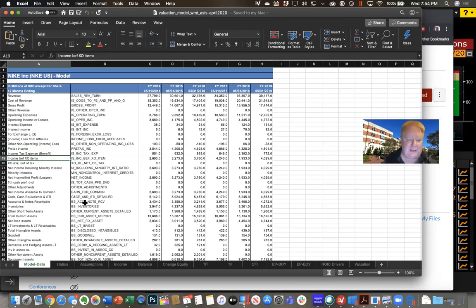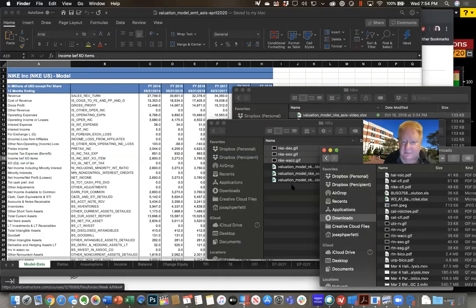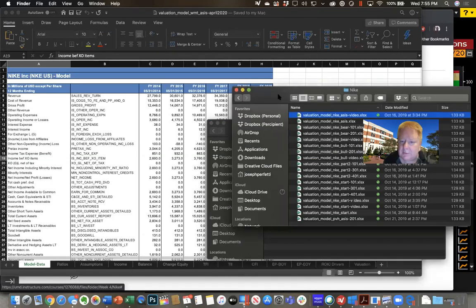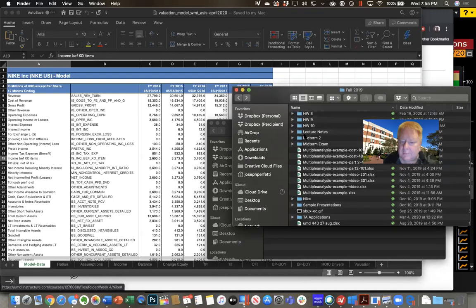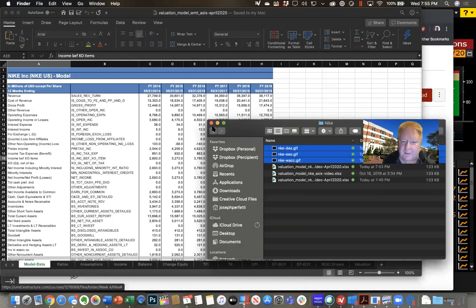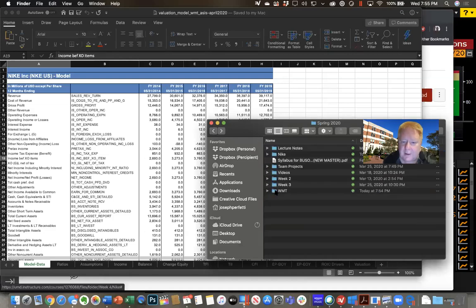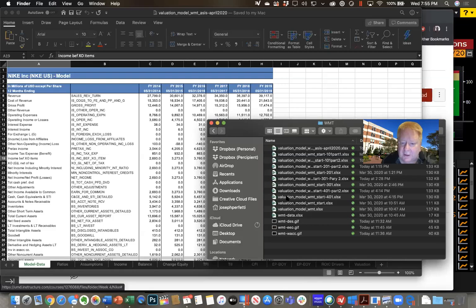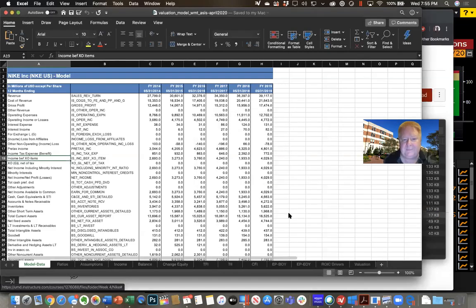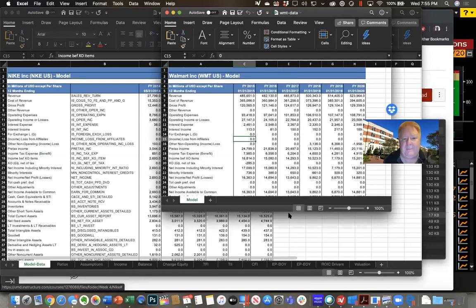Now, I want to take the first file that matters in my Walmart folder, the file called data. I will give you this file for each of your companies, whether it's the assignment or your group projects.